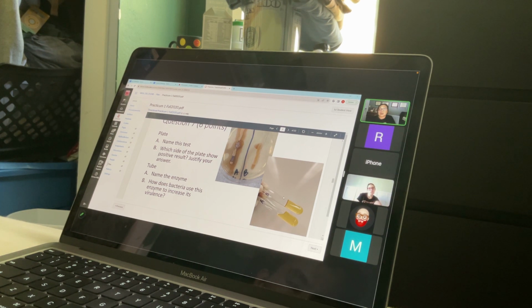Okay. And so the other question is, how does this bacteria use this enzyme to increase its virulence? Virulence is the ability to cause disease. Okay, so like Raymond said, it increases their virulence because they're able to kind of eat through your skin. Your skin is a good barrier because you have connective tissue that prevents bacteria from penetrating.